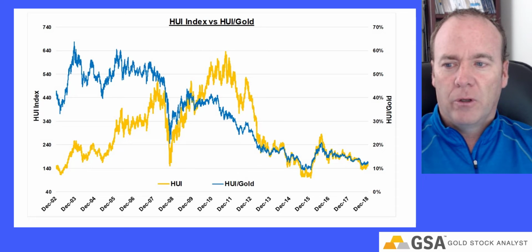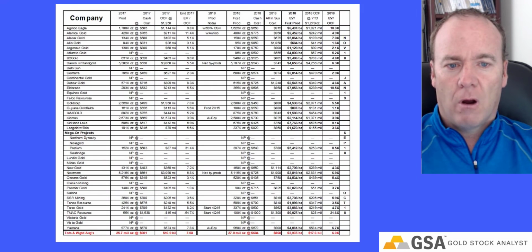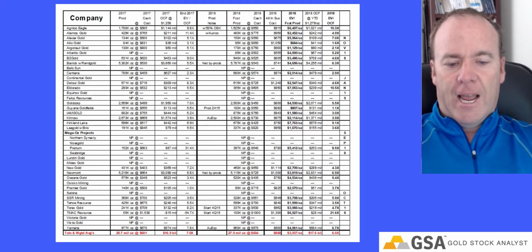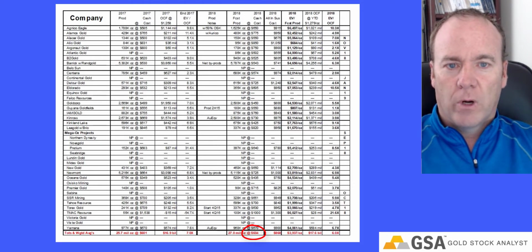What we prefer to do is to look at our valuation studies. This is from our GSA Pro report. We cover about 30 different gold producers. We calculate their average cash cost, which is $604 for all of the miners. Then you can use the current gold price minus the cash cost, which gives you their operating cash flow margin.